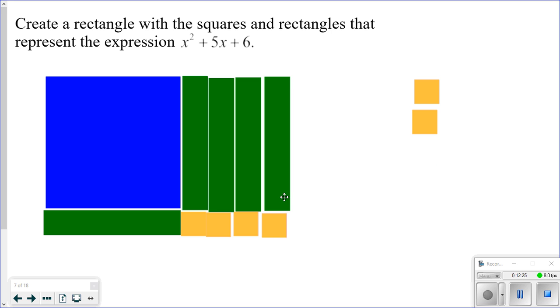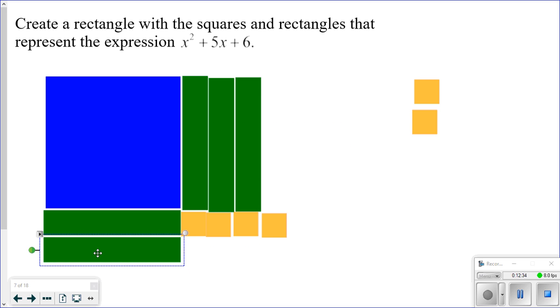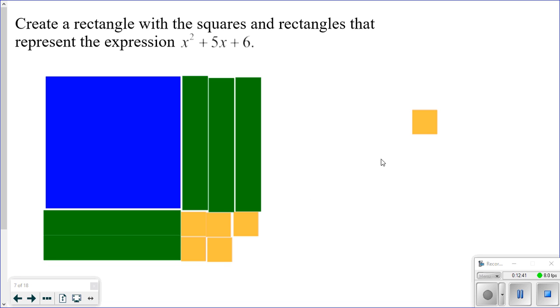So this doesn't work because I haven't used all my pieces. So what if I take and arrange this down here? Now it works because it's a perfect rectangle, right? I have no empty spaces. I have no leftovers.